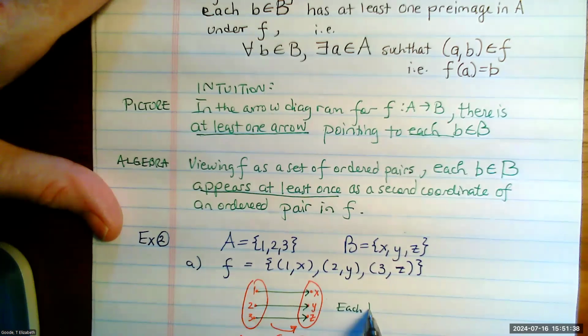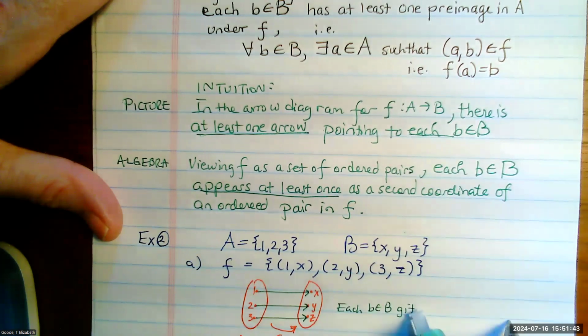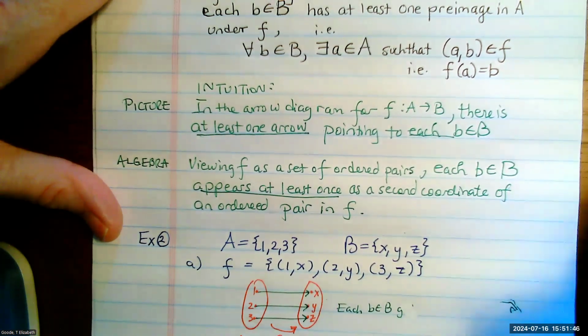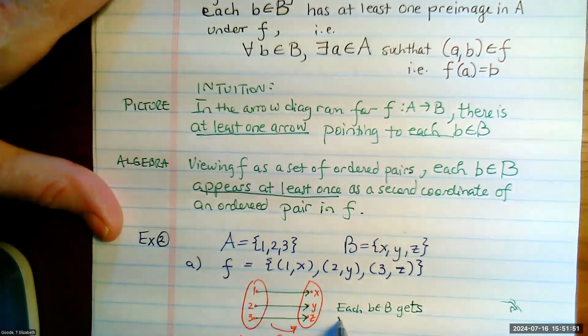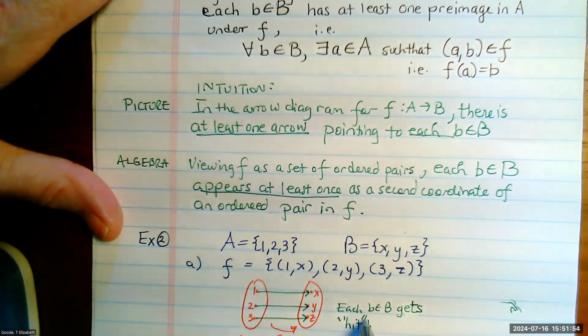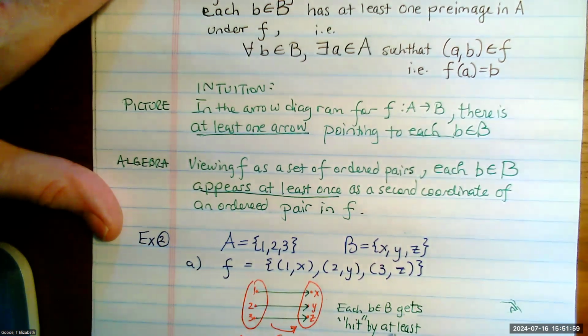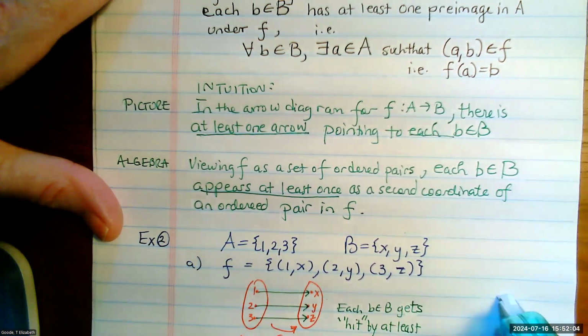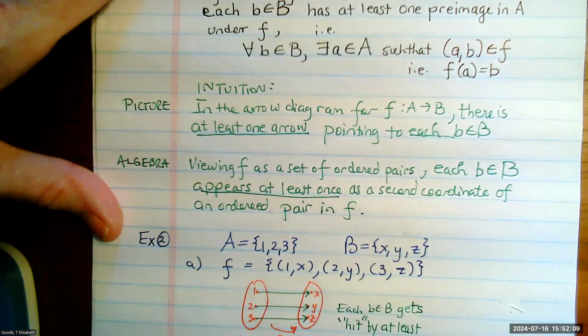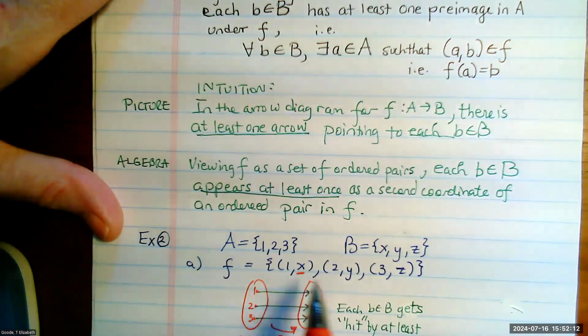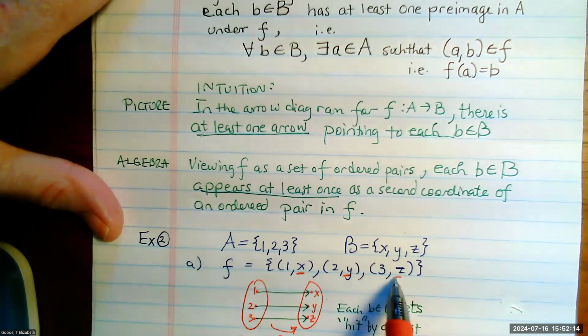Each little b in B gets hit by at least one arrow, as opposed to at most one arrow. And if we think about the algebra, then each element in B does appear as a second coordinate at least once.